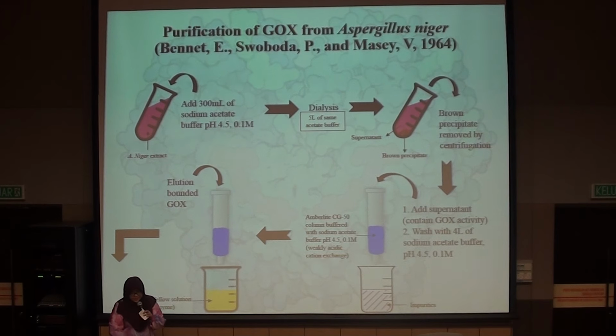Then the brown precipitate formed by centrifugation will be removed, and the supernatant that contains the GOX activity will be taken and eluted in a column buffer of Amberlite CG50. The eluate will form a yellow solution.